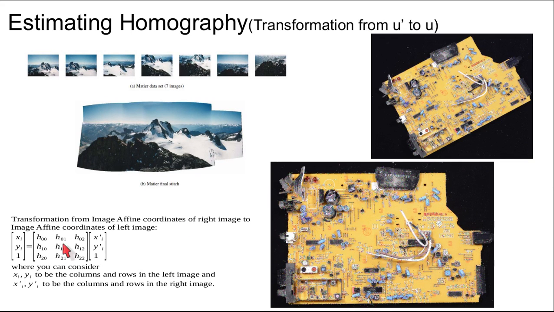So if you know the homography matrix that can convert the coordinates of the reference board into coordinates on the target board, we will be able to substitute, for example, the location of this particular component into xi dash, yi dash and obtain the location of this component on the target board as xi, yi.